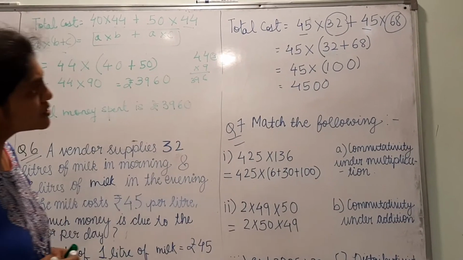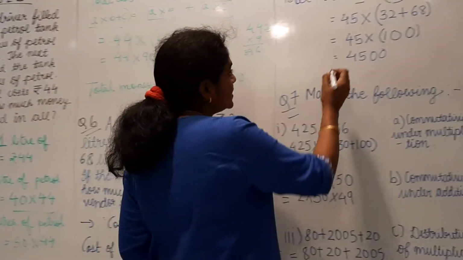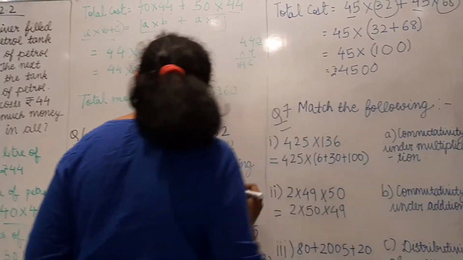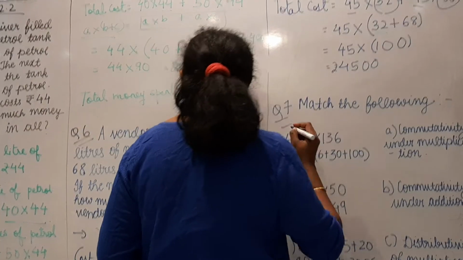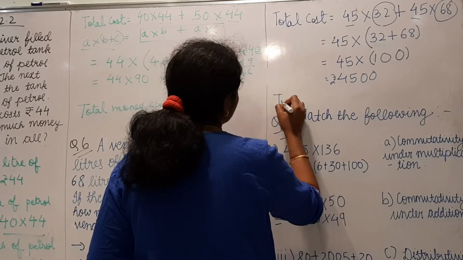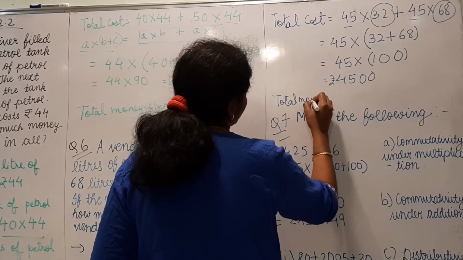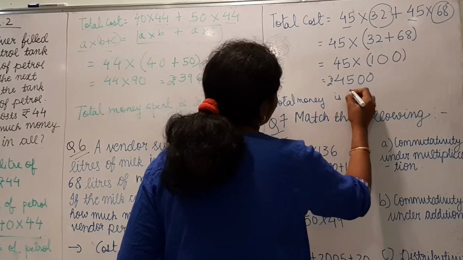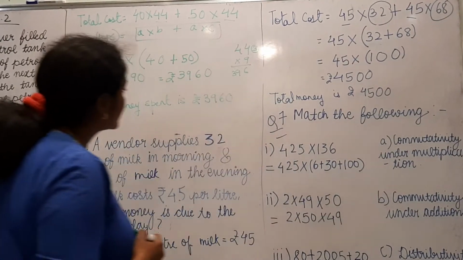Again I have used the distributive property. So the total money is rupees 4500. This is the answer.